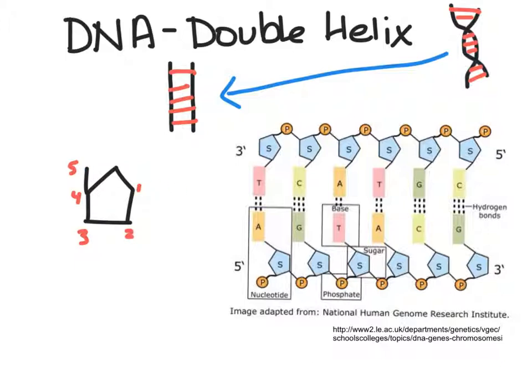Here we had the nitrogenous base, here we have the phosphate. So this is the 3' side of the sugar molecule, and this is the 5' side of the sugar molecule, and that's how we get the orientation. This orientation is very important for the structure of DNA, and we'll talk more about that in a little bit.